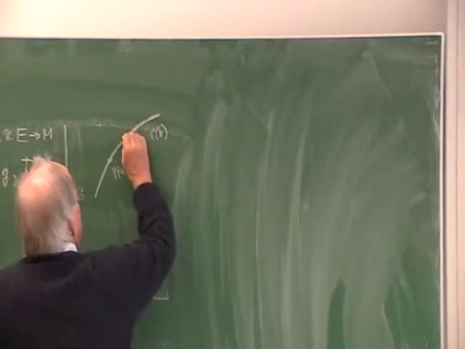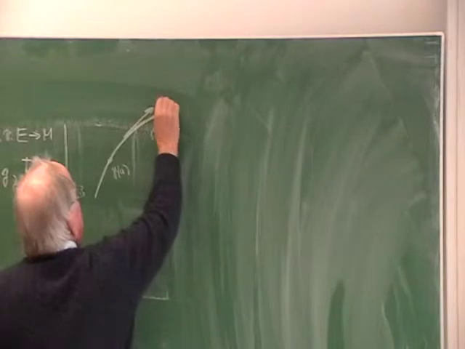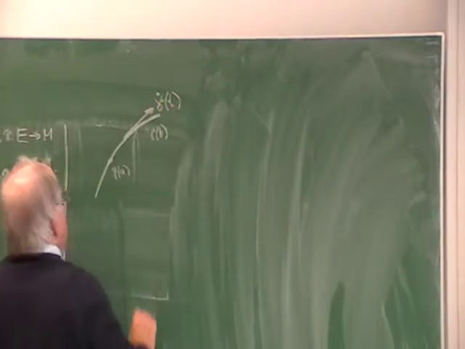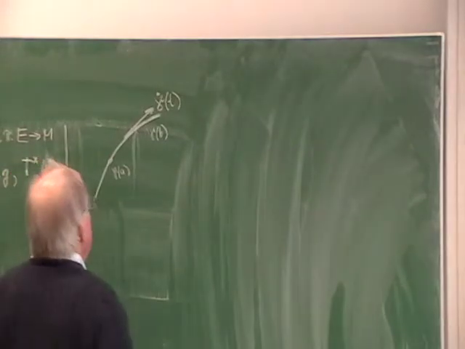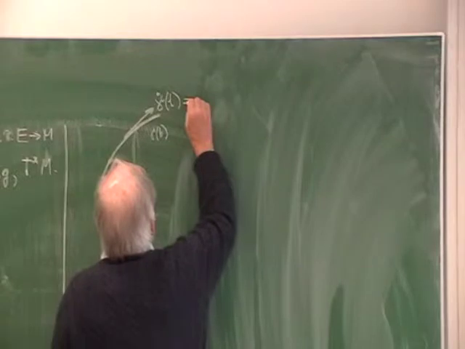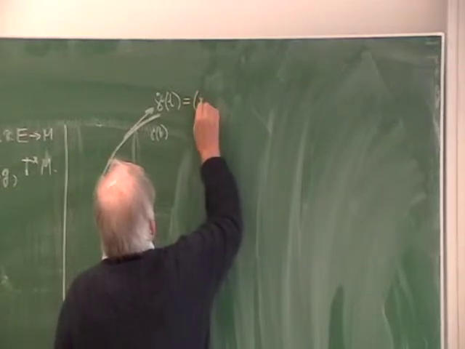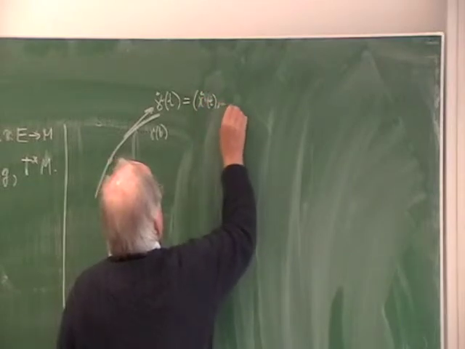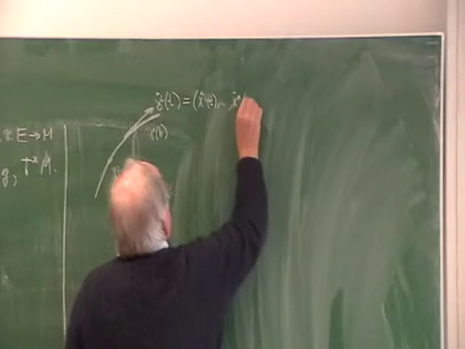And at each point you have a velocity vector, which we write as gamma dot at time t. And because this is in a coordinate chart, we can write it as x dot 1 of t to x dot n of t.